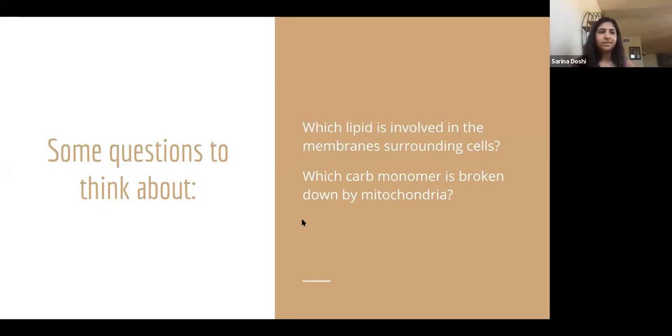So does anybody know what semi-permeable means? It only lets certain molecules in. Yes, that is entirely correct. So the semi-permeable membrane that surrounds the plant cell and animal cell only lets certain molecules in and only lets certain molecules out.